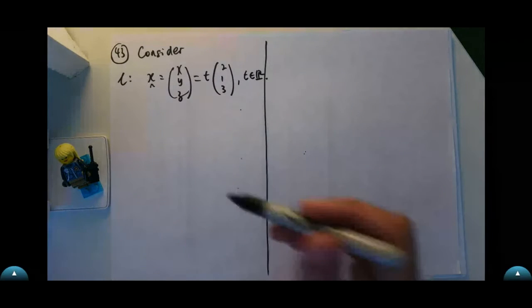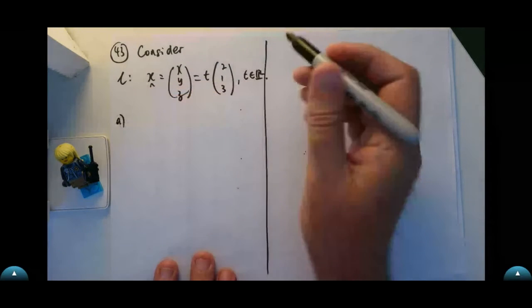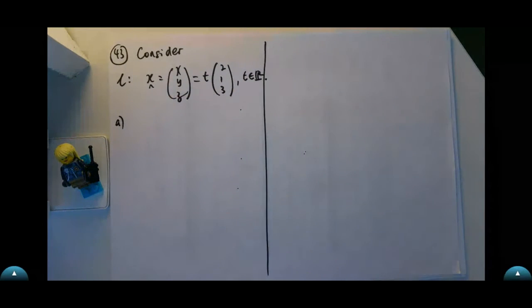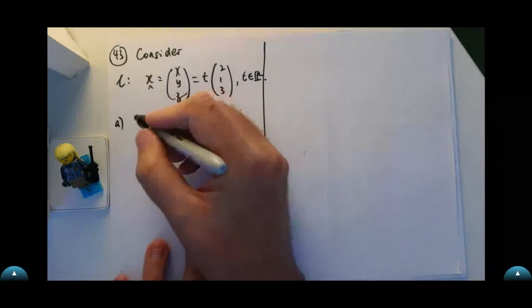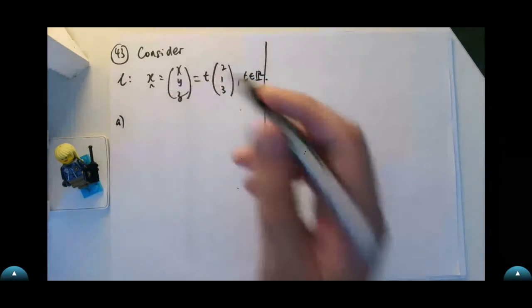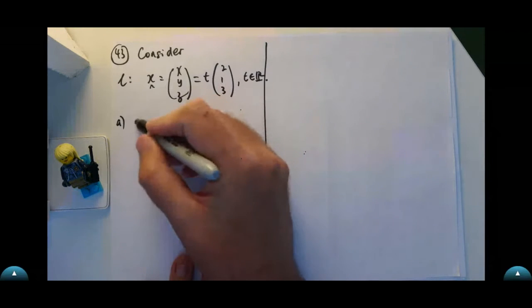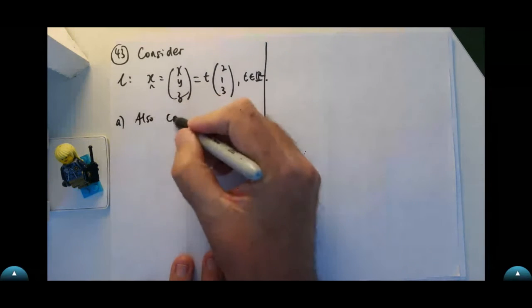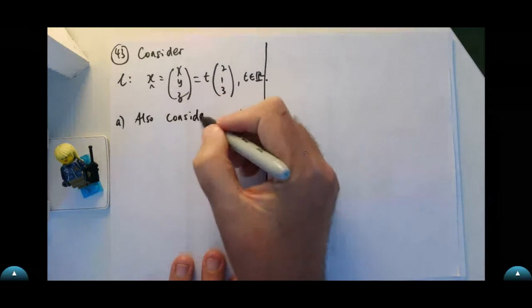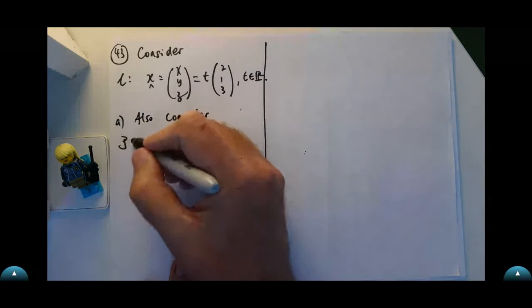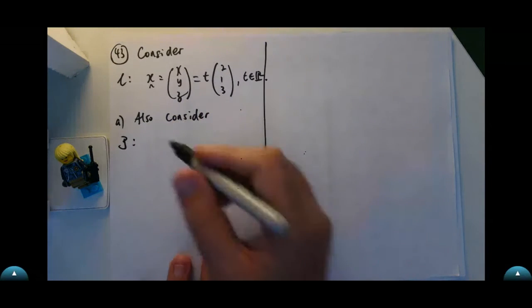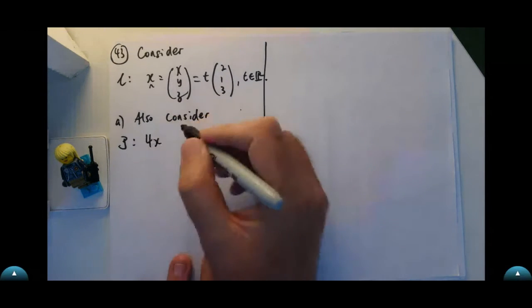Okay, and the first part of this question involves the plane. So how do we do it? So let's call this plane P, and it's a Cartesian form.